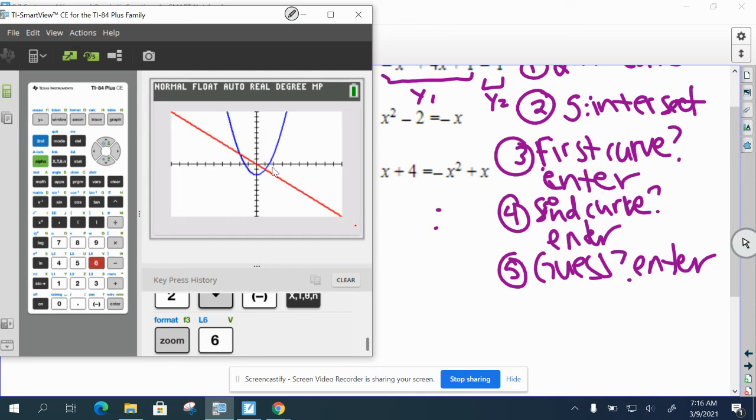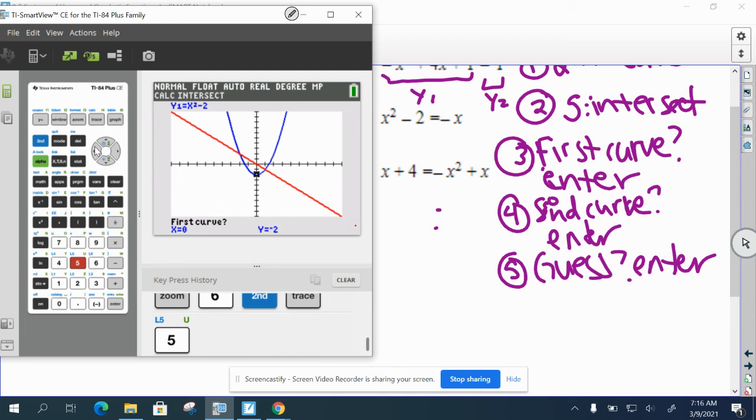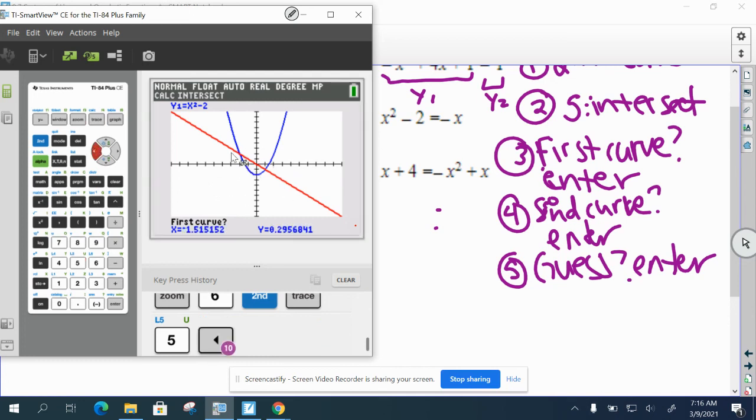There's my parabola. And then once you get the steps, this is actually really easy. So go second, calc, intersect, scroll closer to the one on the left. It doesn't really matter which order you find them in, but I just like to go left and then right. So scroll closer to that intersection point, press enter, enter, guess, negative 2, 2.